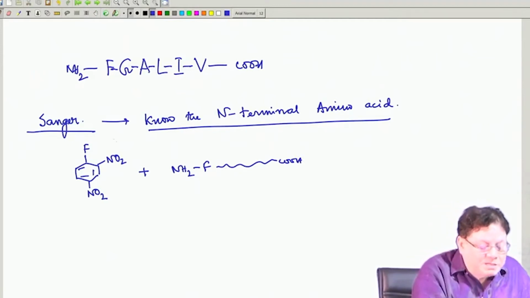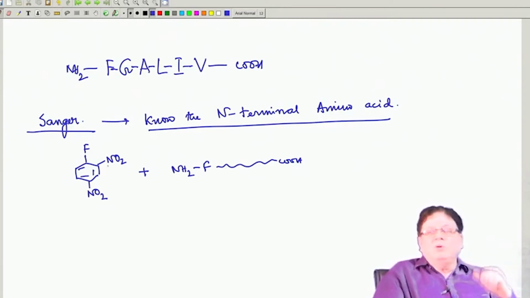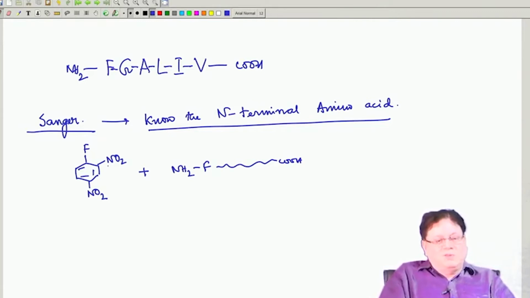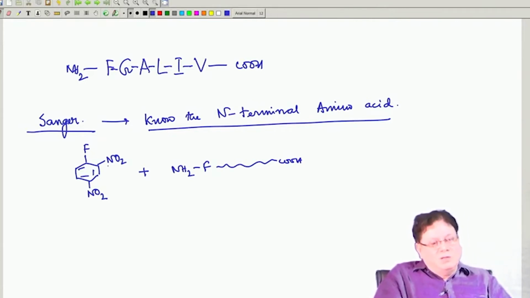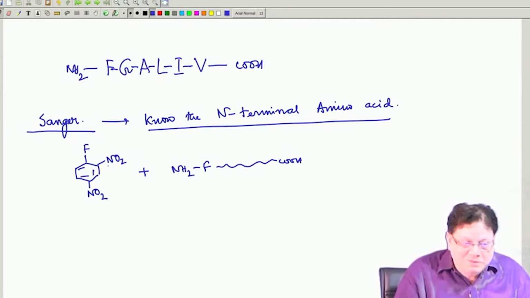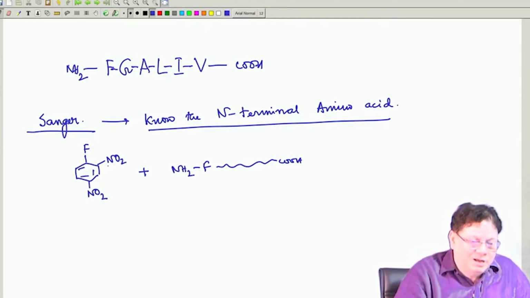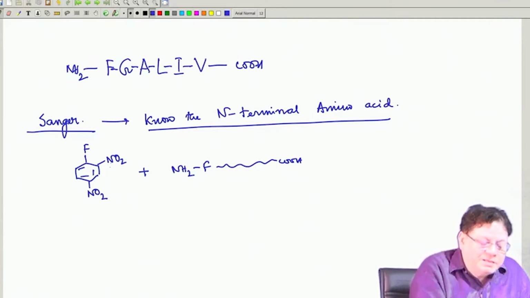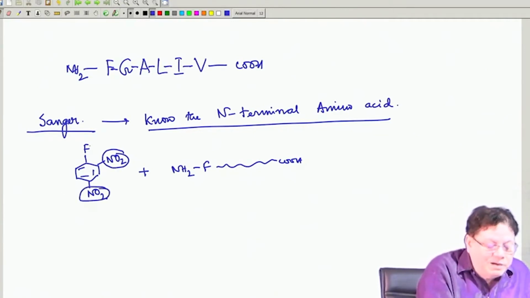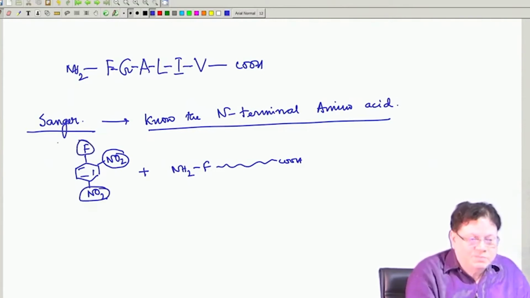Now, what happens, this 2,4-dinitrofluorobenzene, we know that in aromatic chemistry usually electrophilic substitution is facile, but nucleophilic substitution can also happen if there are very good electron withdrawing groups present in the aromatic system. Okay. And provided you have a good leaving group also, because you have to also kick out a group from the system. Now, in this case the two electron withdrawing groups are these two nitro groups, okay, and the leaving group is the fluoride. Okay.